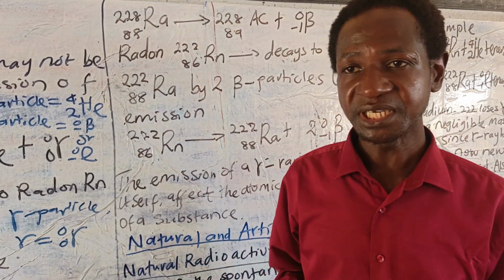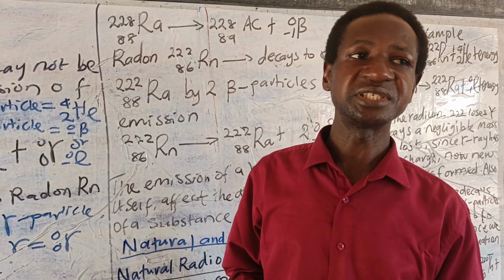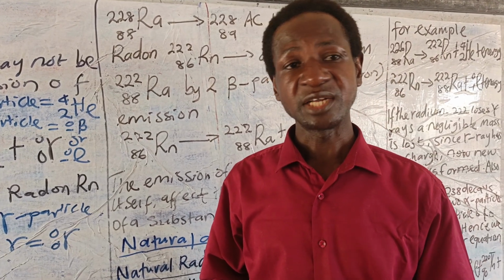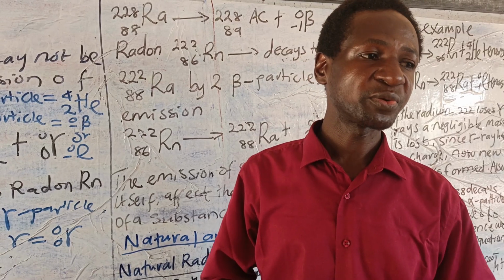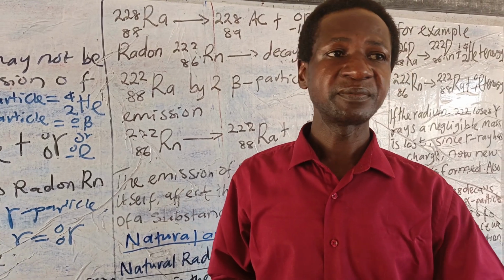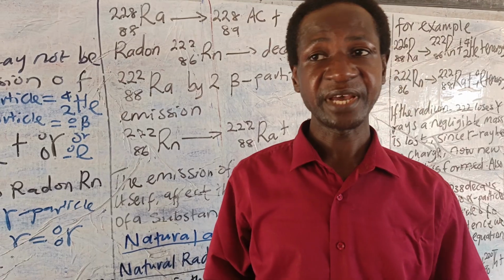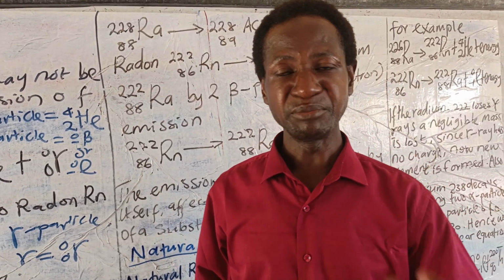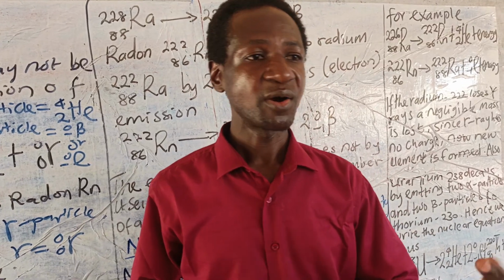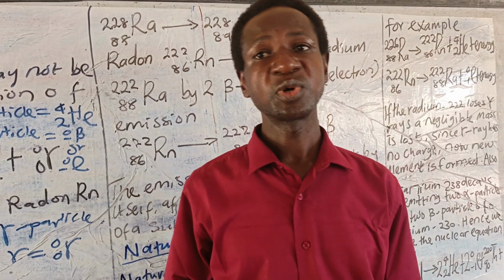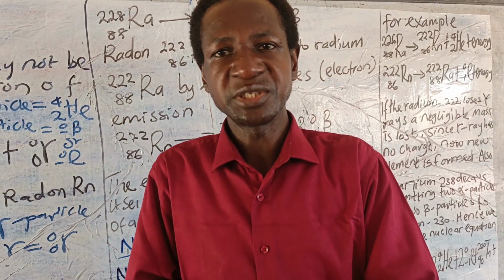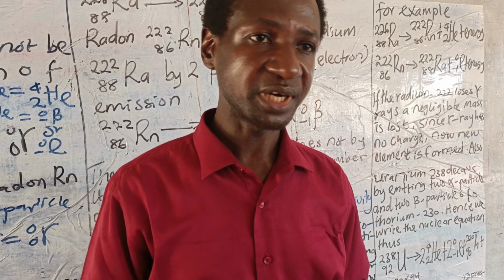Natural radioactivity is the spontaneous disintegration or decay of unstable atomic nuclei of any of the radioactive elements with emission of alpha, beta, or gamma particles, or a combination of all of the 3, with release of energy or heat. That is natural radioactivity.